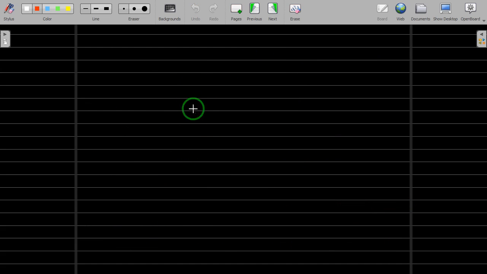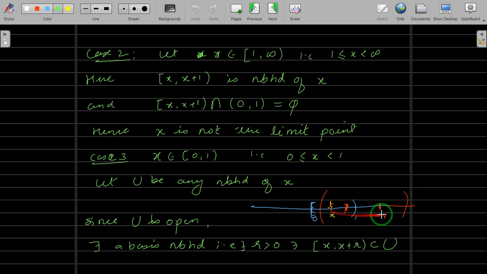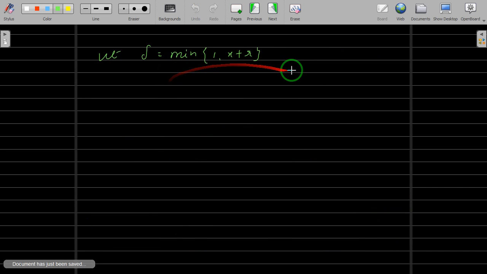Okay, and for that let us take delta to be the minimum of 1 and x plus r. Okay, x plus r can be here, right? You take the minimum of 1 and x plus r, and then you take the open interval, and then you are done.